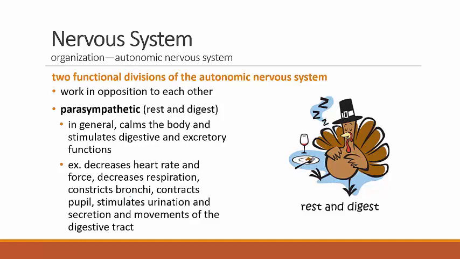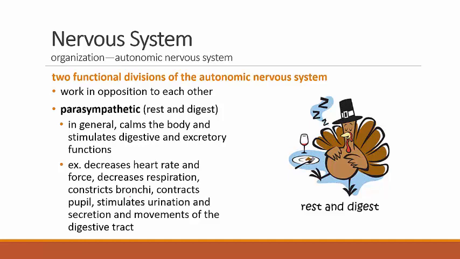And again, sympathetic, that's the get you excited. Parasympathetic is the calm you down. Okay, so there you have it. We've put names out there for the kinds of cells that we find in the nervous system, and then begun the naming of the different functional portions of the nervous system: central nervous system and peripheral nervous system.